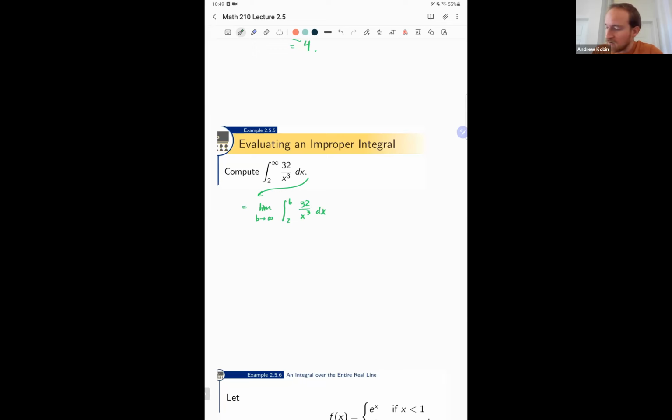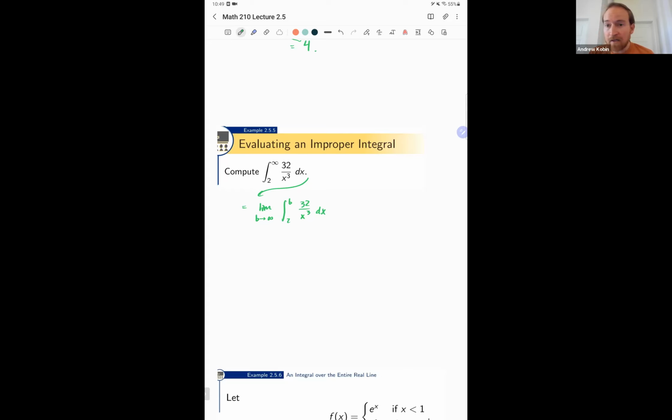And again, what we've done here is we've said we don't know the area under the graph of this function from 2 to infinity because that's an infinite area. It has infinite length, for example, or we would need infinitely many rectangles, even if each of them only had width 1. We don't know how to add up infinitely many areas.